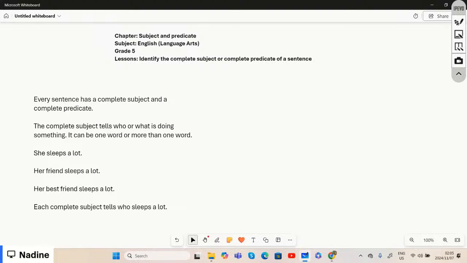And the lesson that we are going to be focusing on today under the chapter of subject and predicate is to identify the complete subject or complete predicate of a sentence. That's going to be our lesson for today.